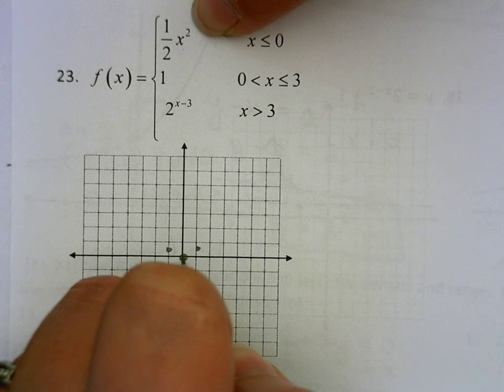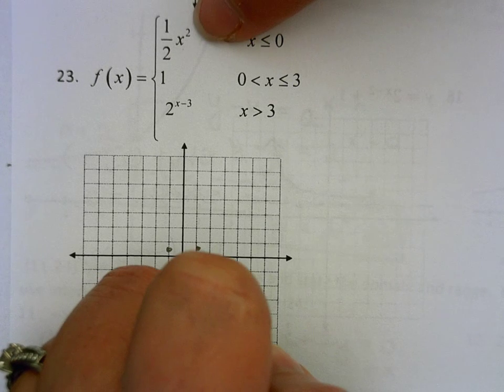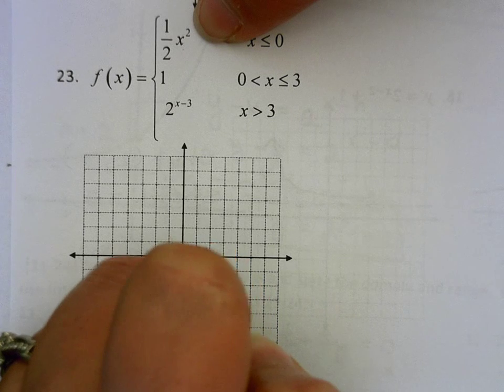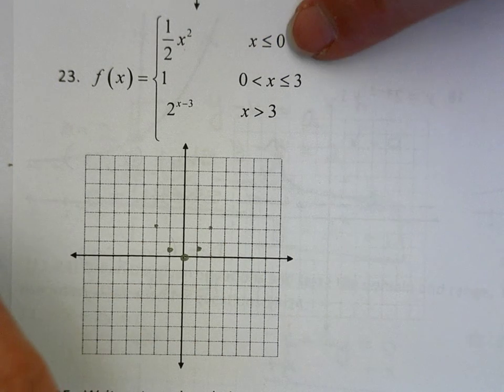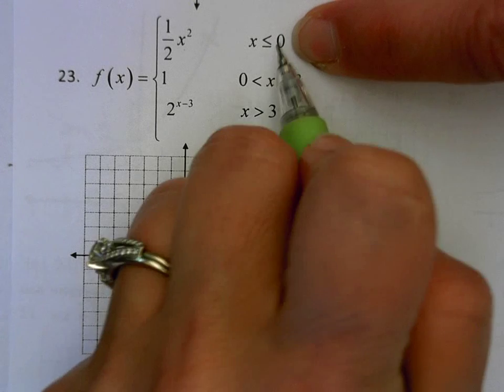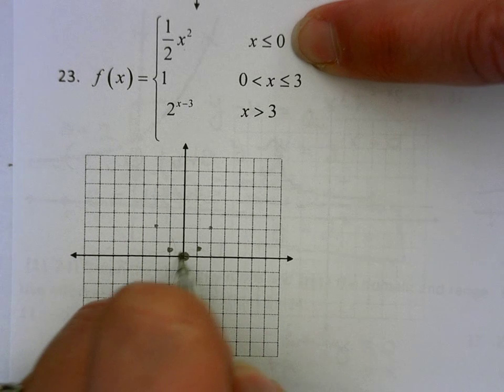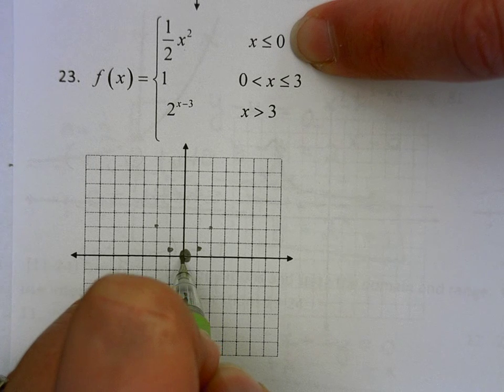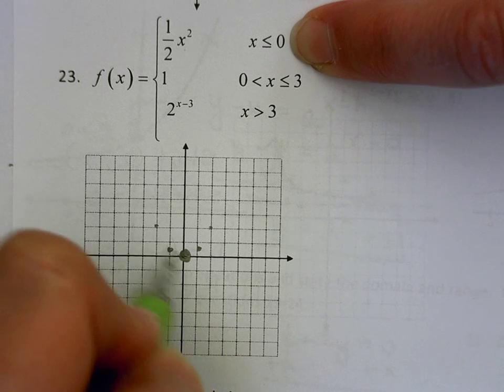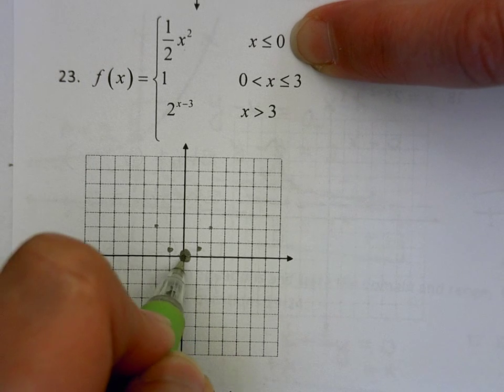So if I substitute 2 in, 2 squared is 4, 1/2 of 4 is 2, and then symmetry. So here is my 0, so I'm going to where x is 0, which is right here. I'm going to darken it because it is equal, and I want to use the values less than 0. So that's going to be this portion because that's where I'm smaller than 0.